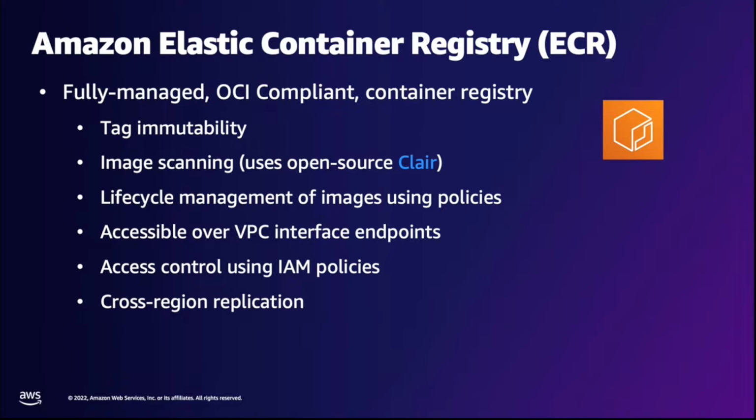You can configure, for example, an ECR repository to be immutable to prevent image tags from being overridden. You can manually scan container images stored in Amazon ECR. There is the out-of-the-box functionality, and you can also integrate this with Amazon Inspector. I'm going to explain more details in the next few slides.